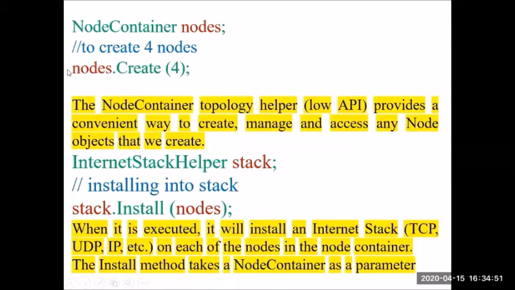I'm using the object name with the method name to do the required task. So nodes.create, as it indicates, will create 4 nodes. stack.install will install the internet stack on all the nodes. Where it installs? In the argument we give: on all the 4 nodes which we have created.